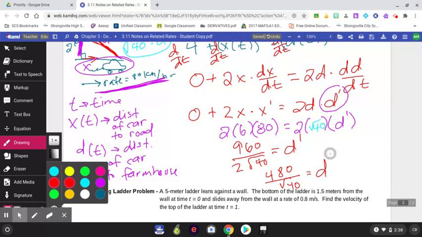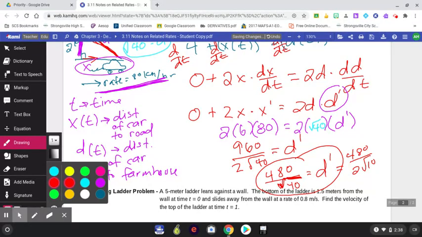Now, you could technically leave it like this. In calculus, you don't have to rationalize or simplify the square root. But just for fun, square root of 40, I could factor a 4 out. Square root of 4 is 2, so it gives me 2 square root of 10.